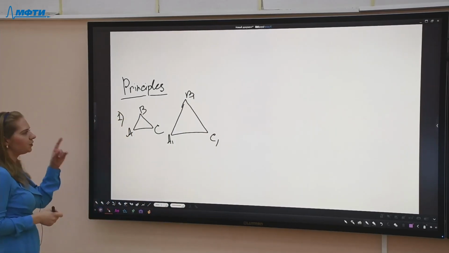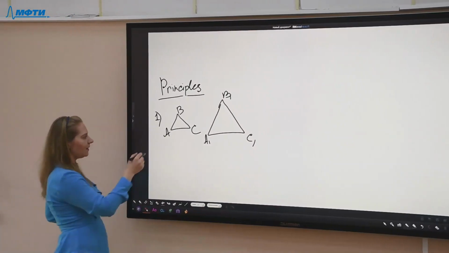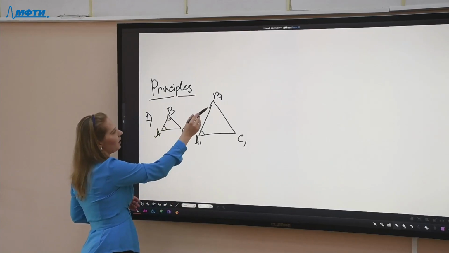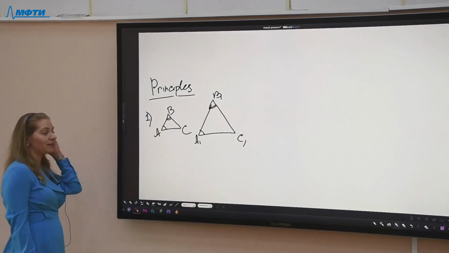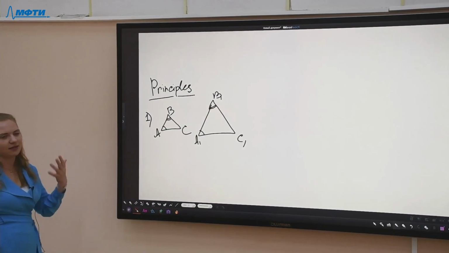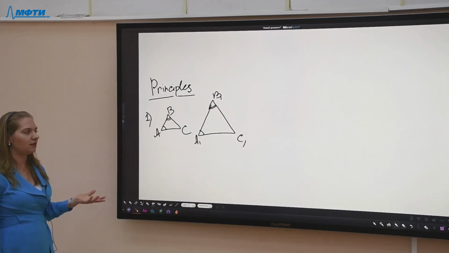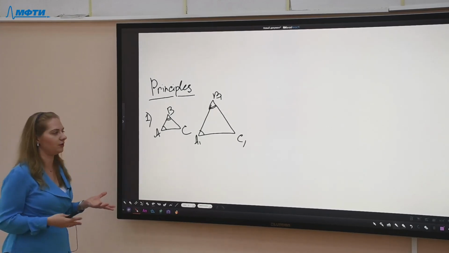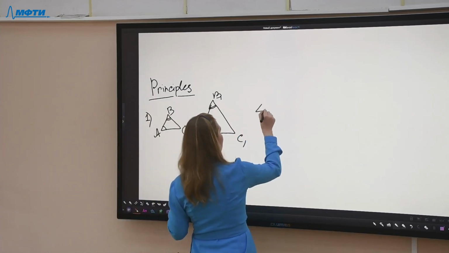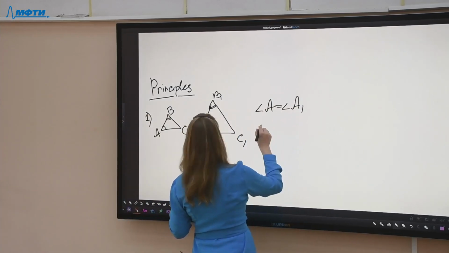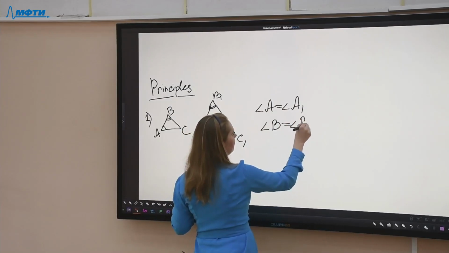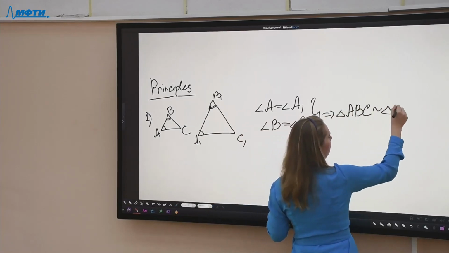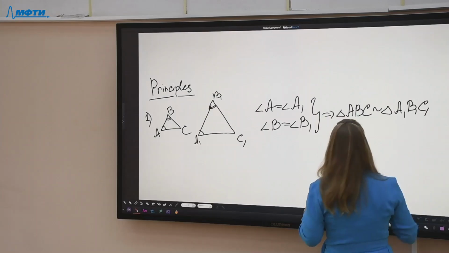If we have two pairs of equal angles. So if this angle and this angle are congruent, and if B1 and B are also congruent, we can say that these two triangles are similar. It means that we have proved that their sides are in proportion. So if angle A is angle A1 and angle B is angle B1, it means triangles ABC and A1B1C1 are similar.